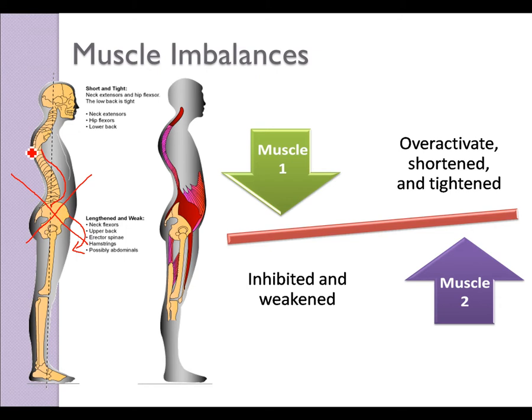Because in order for us to get more of a curve in the lumbar spine, the pelvis again is connected. So if the lumbar spine is moving this way, then our pelvis has to also adjust, and in this case it's going to tilt forward. So an increase in lumbar curvature is going to be associated, at the same time, with an anterior pelvic tilt.